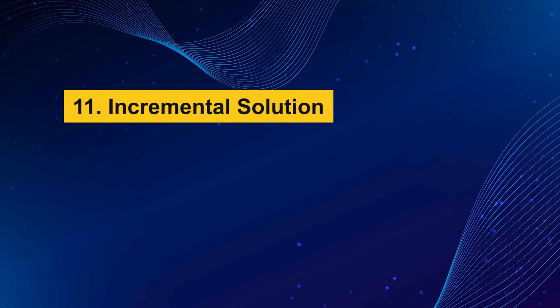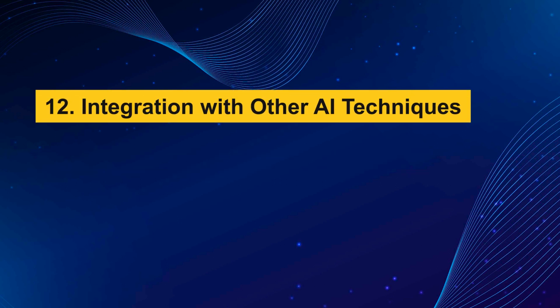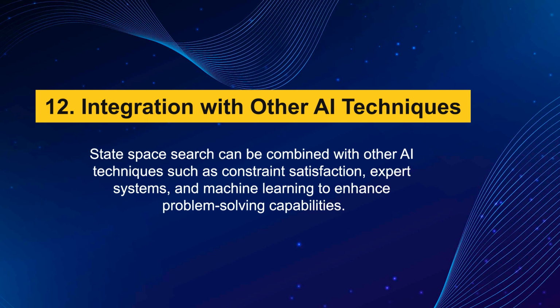Next is incremental solution. State space search can be used to incrementally build solutions, allowing for the gradual refinement of plans or strategies. Next is integration with other AI techniques. State space search can be combined with other AI techniques such as constraint satisfaction, expert systems and machine learning to enhance problem solving capabilities.